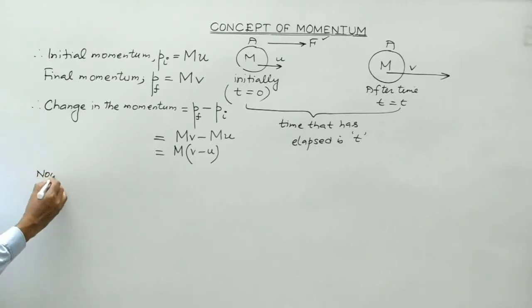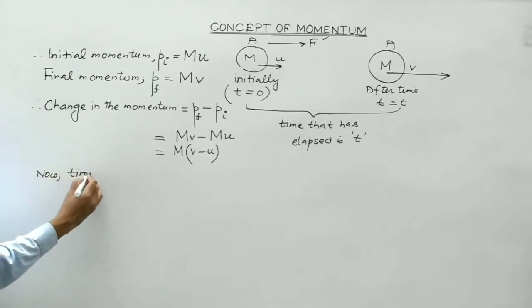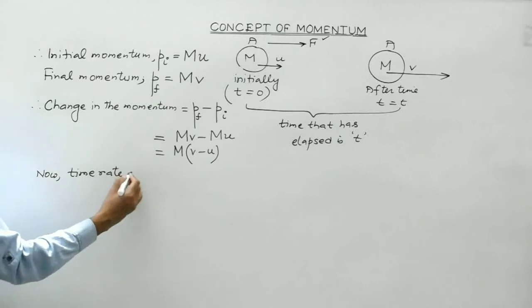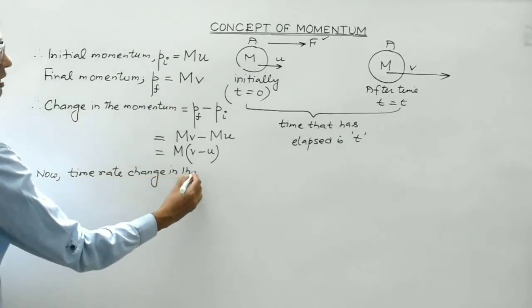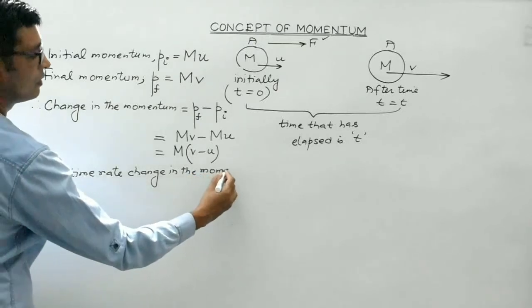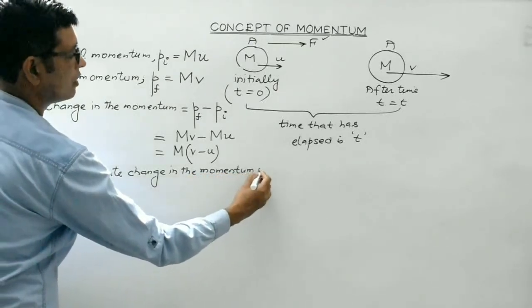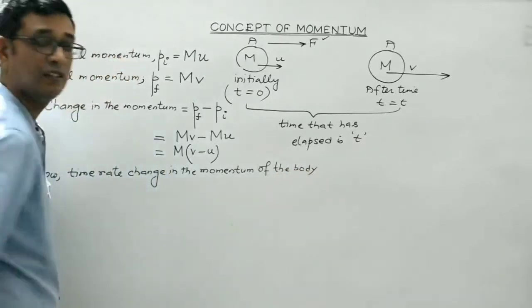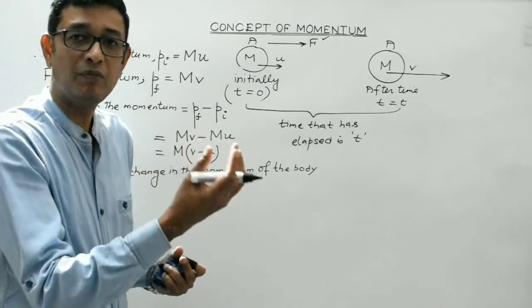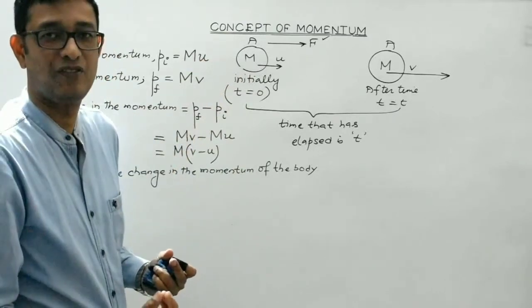Now, time rate change in the momentum of the body. Time rate change means the change in the momentum per unit time, right?